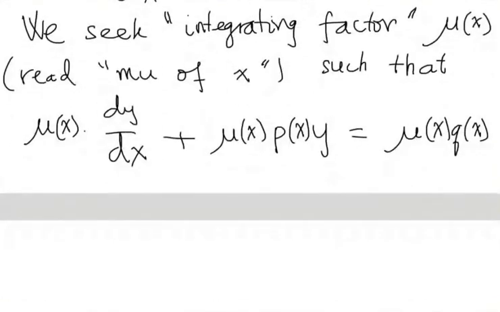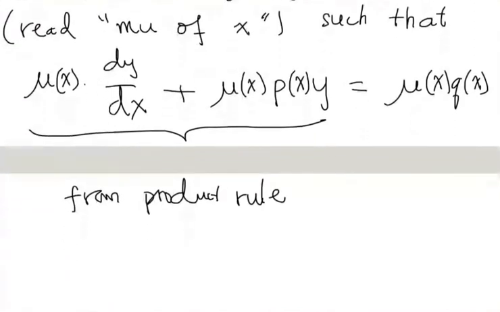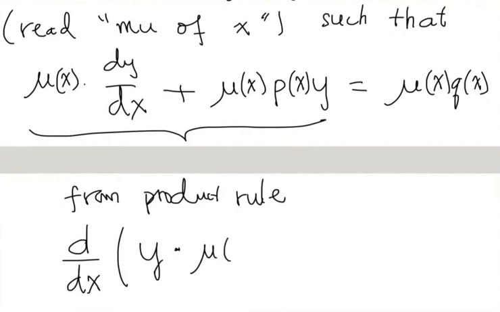But the key is we want the left hand side to match exactly with the product rule: d dx of y, the unknown that we're looking for, times this mu of x here.